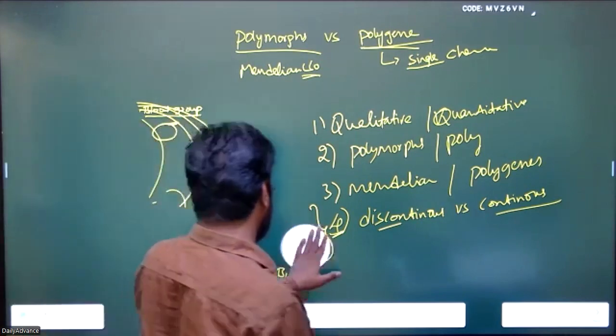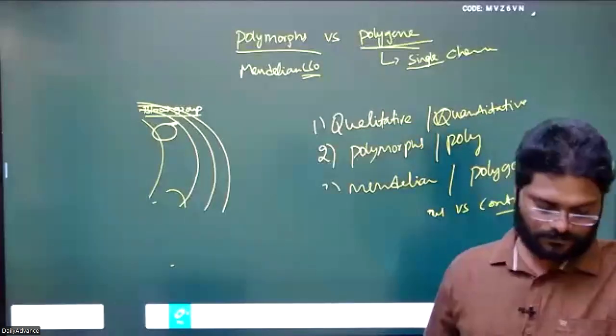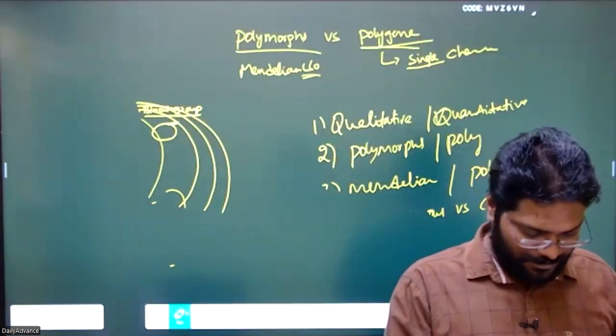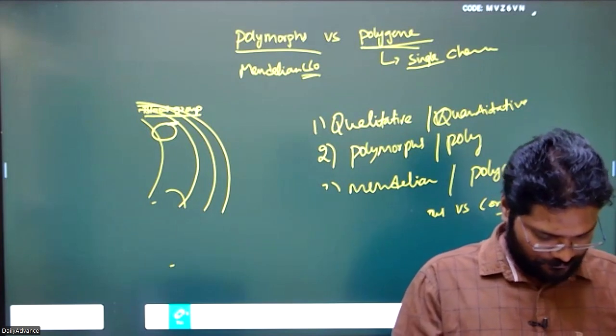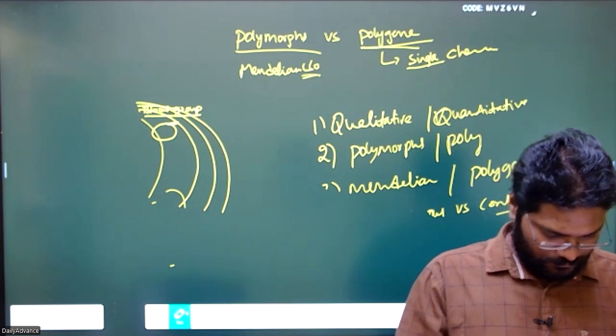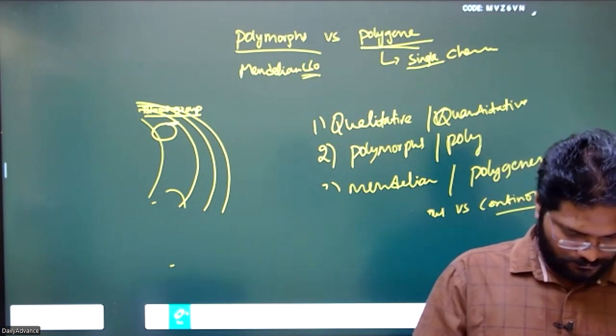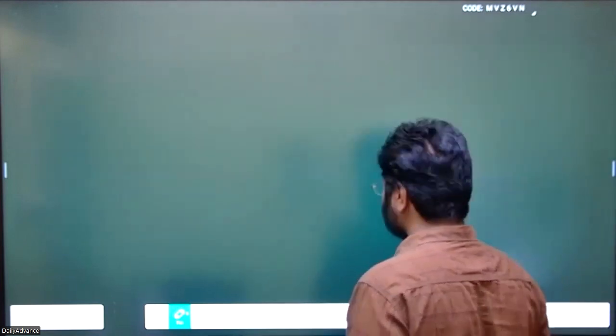So another exception in the Mendelian laws was genetic imprinting. Another exception is nothing but genetic imprinting. So what do you mean by genetic imprinting?